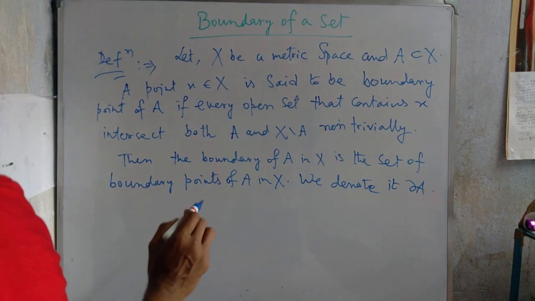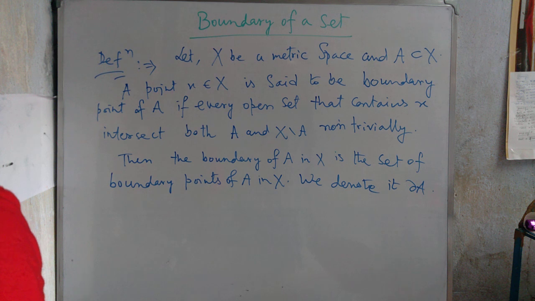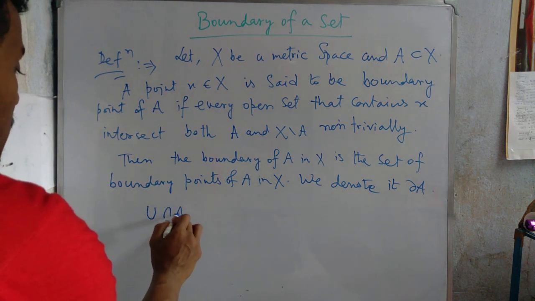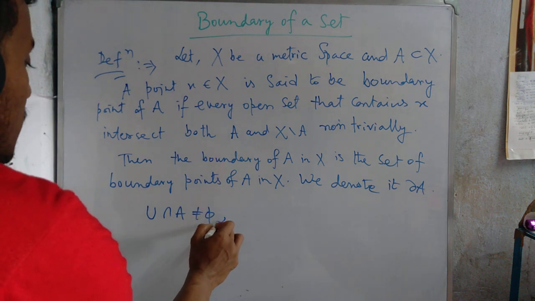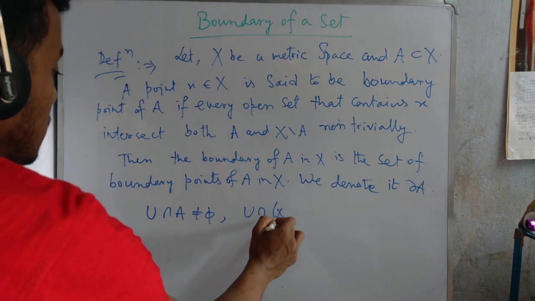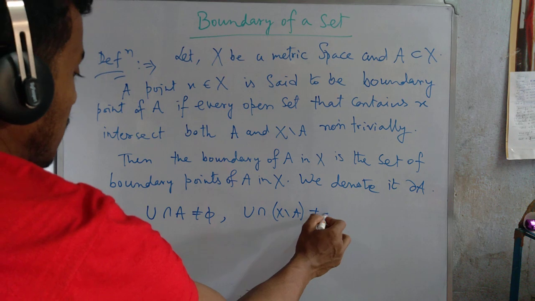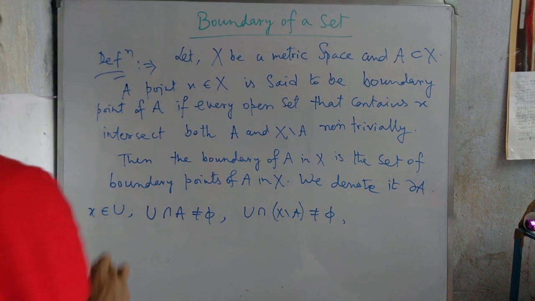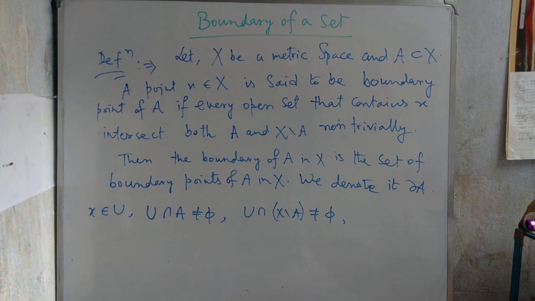That means how we represent this: any open set U with U intersection A not equal to phi and U intersection X difference A not equal to phi, when x belongs to U, then this x is called a boundary point.